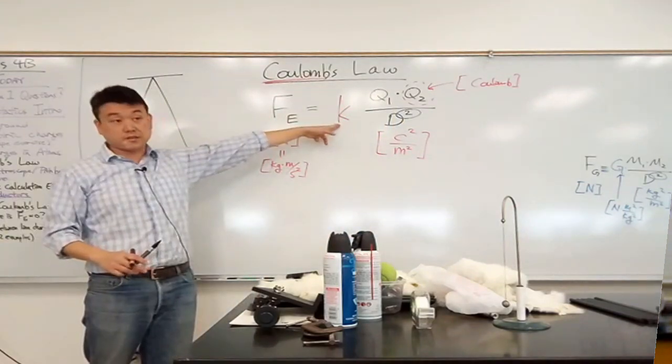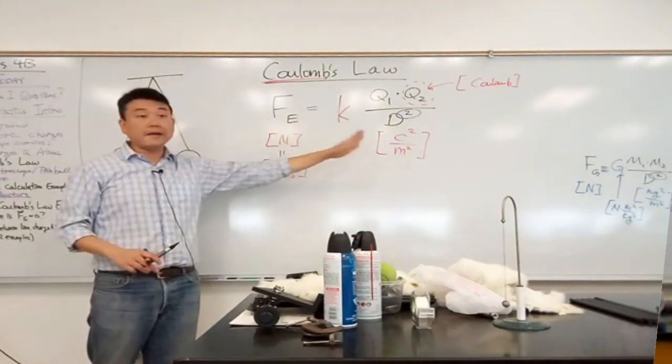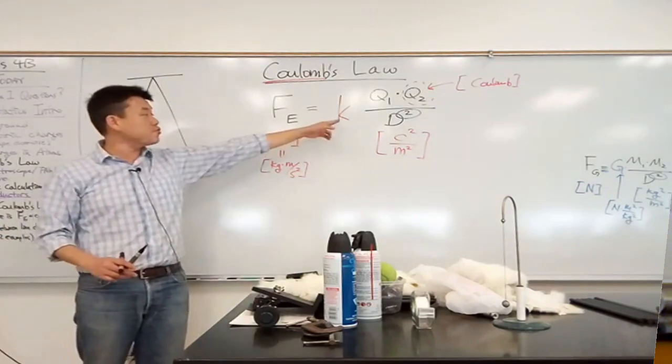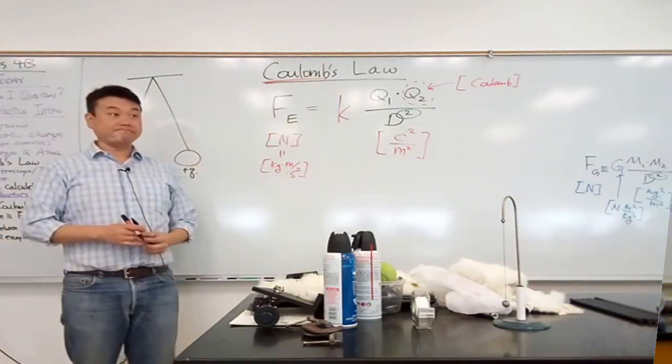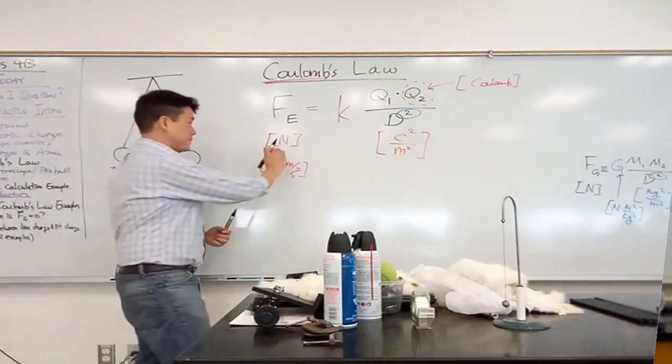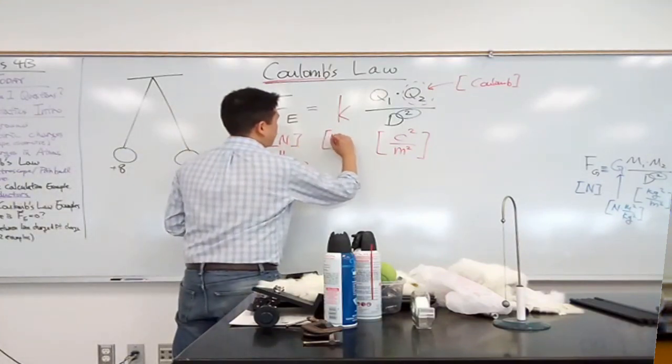So we need a constant here to make the units come out right and to have the correct number. So what should the unit of K be? Yeah, I need the newtons. Anything else?